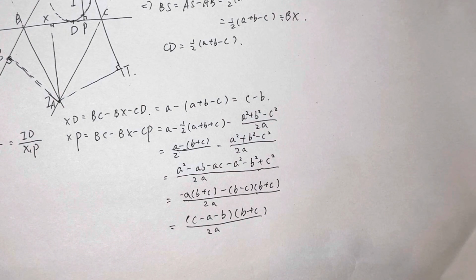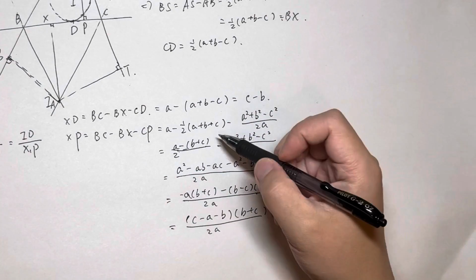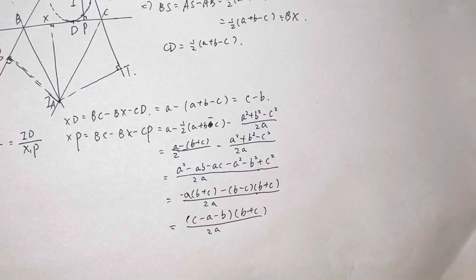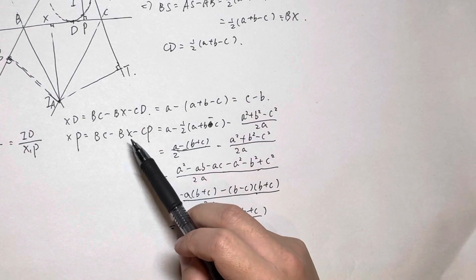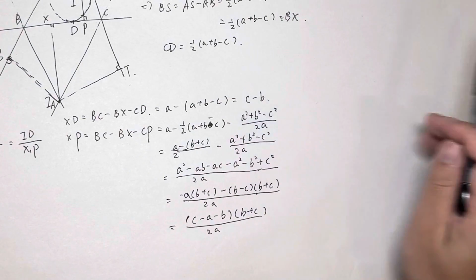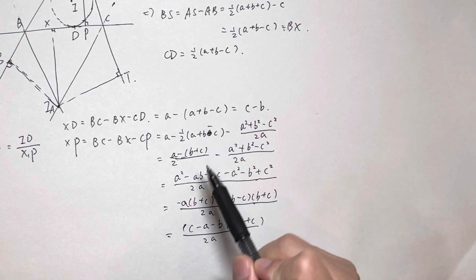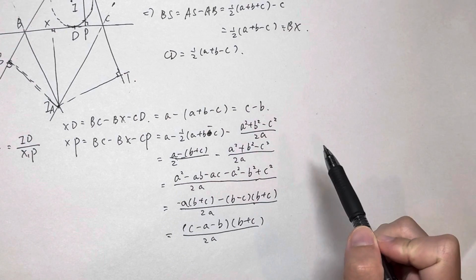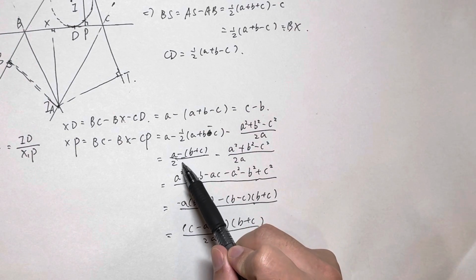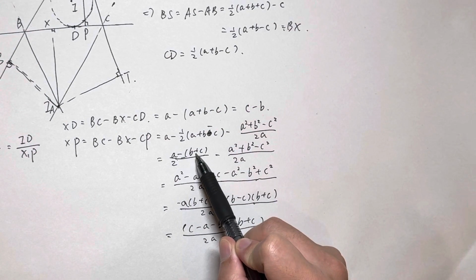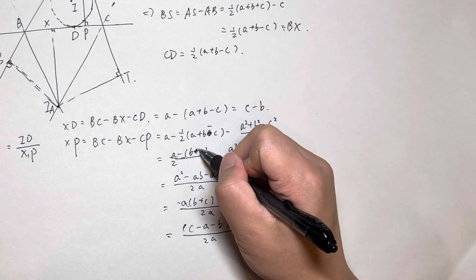I feel something is wrong. This should be minus c, right? The length of BX is half of a plus b minus c. So this should be minus c here. Then here should be half of a minus b minus c.